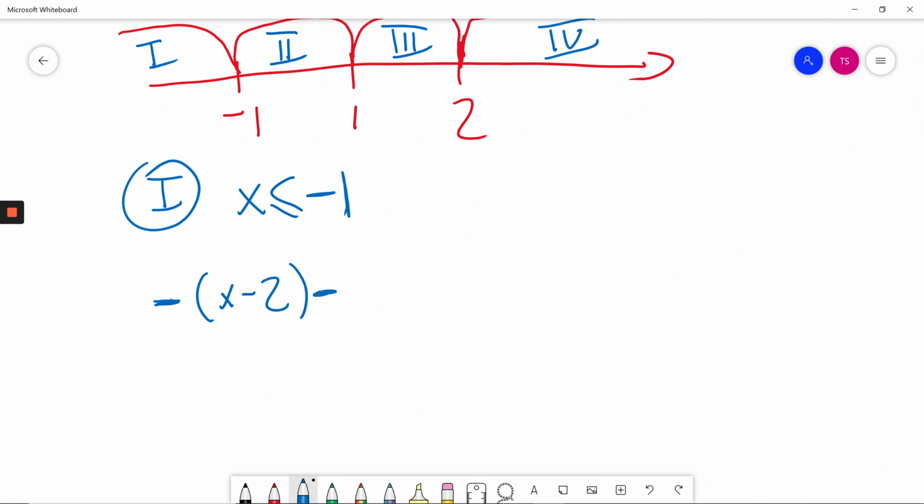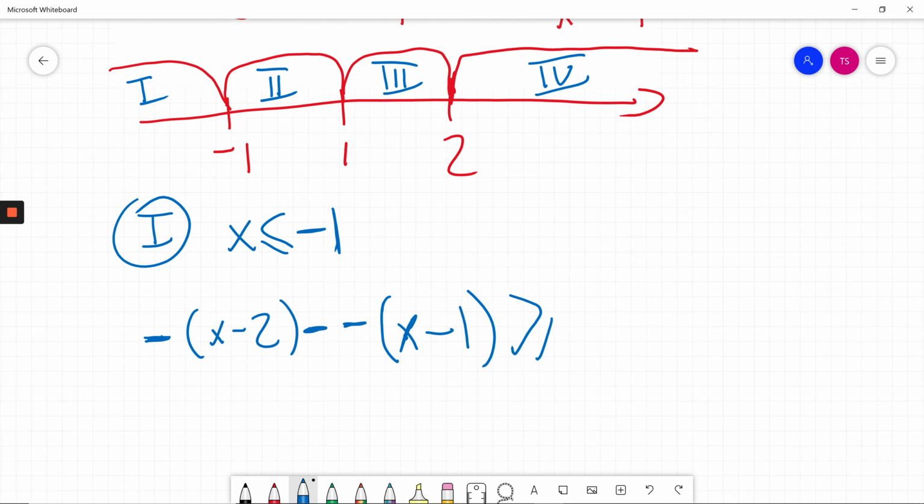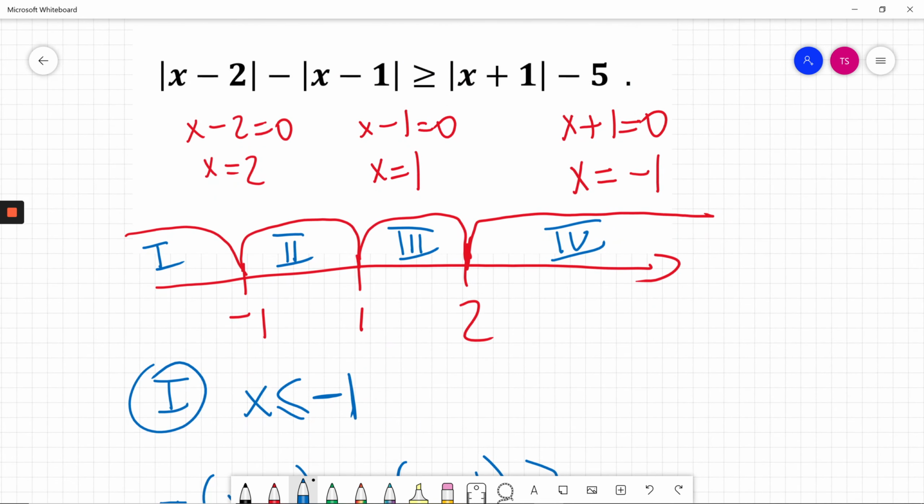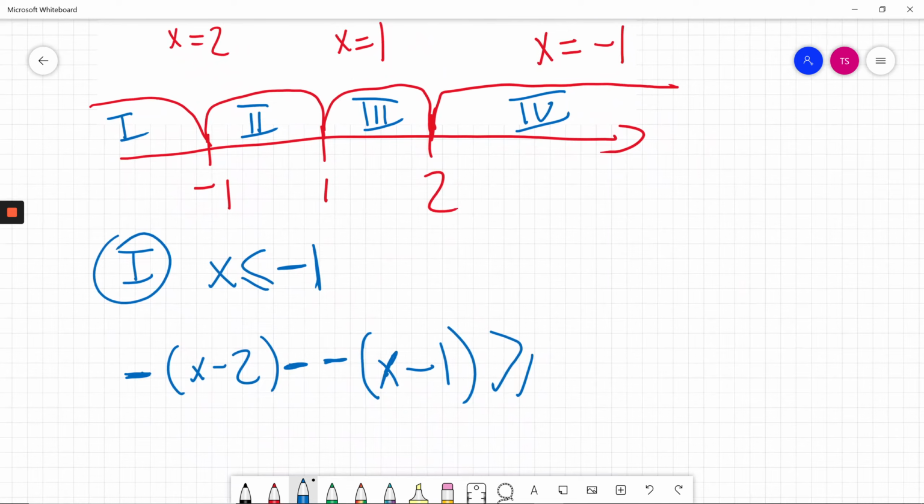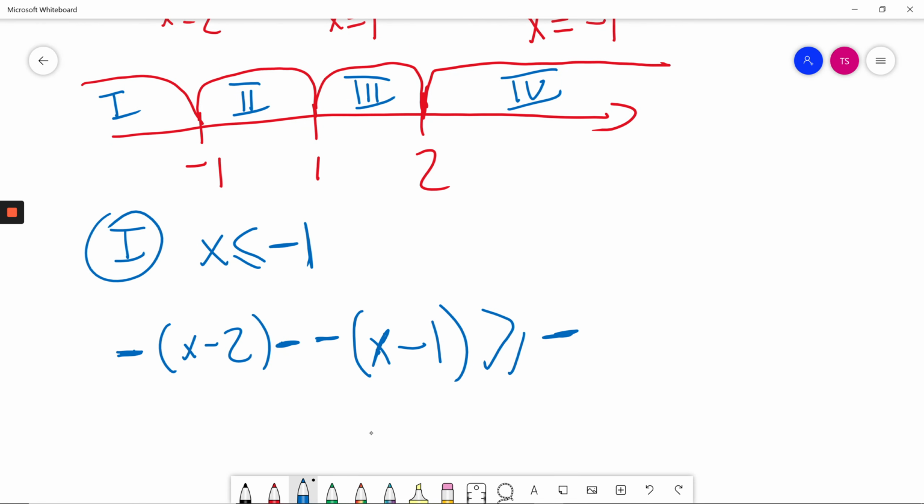So this will be minus x minus 1. This will be more or equal, x is still less than negative 1, so x plus 1 will be still negative, so this will be negative x plus 1, then just minus 5.